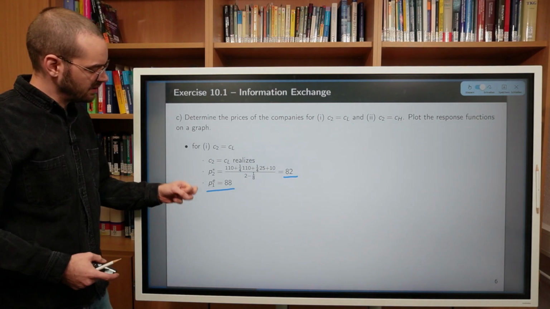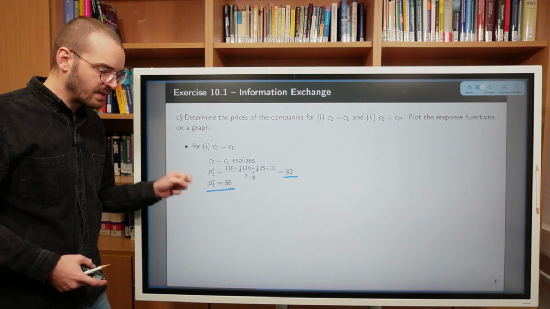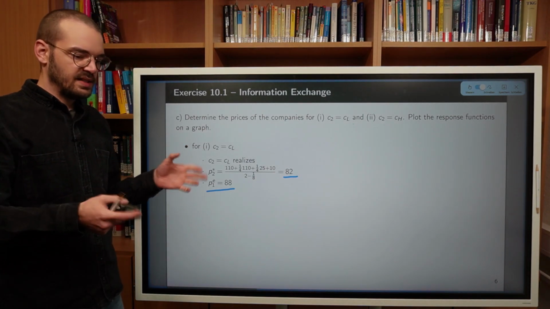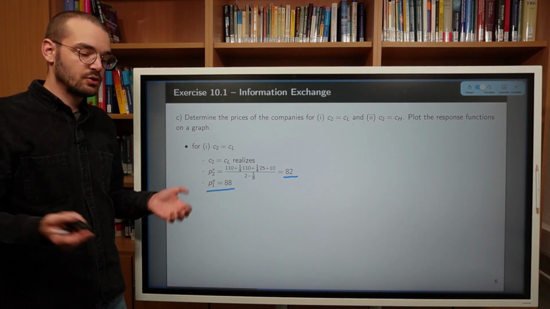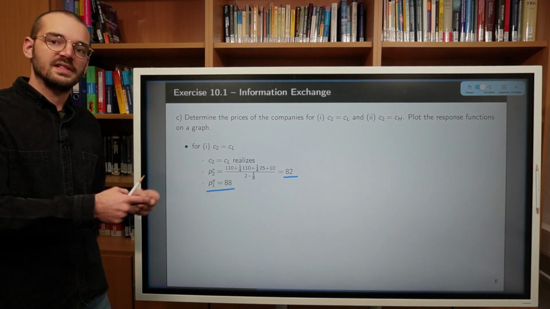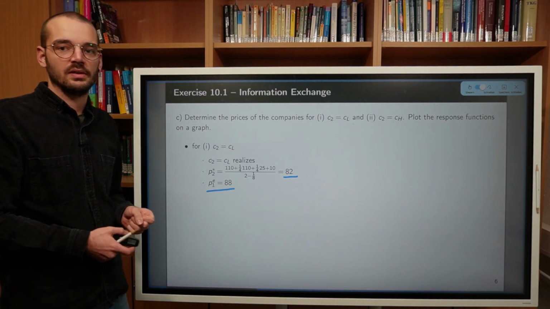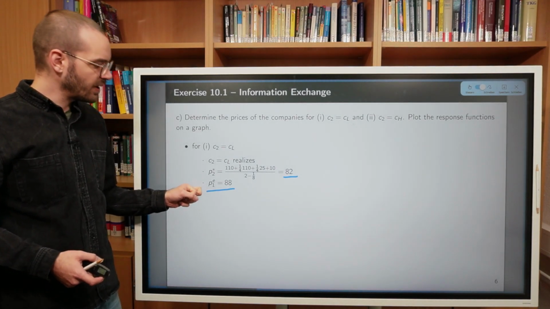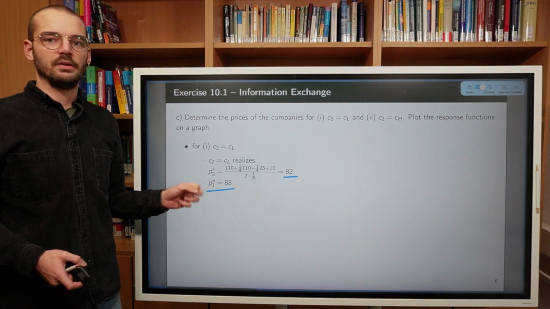For the expected marginal costs, which are 50% CL, 50% CH, so 25, we would see this expected price, which takes a value of 88.